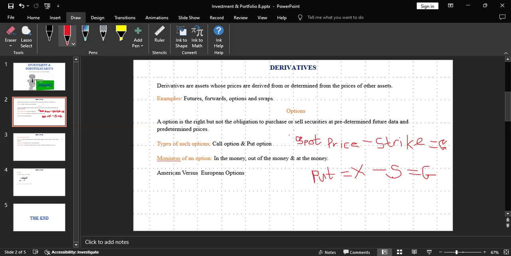He is selling, so if the exercise price is higher than the market price, then he's making a gain.